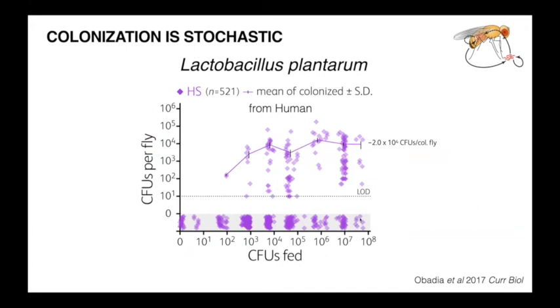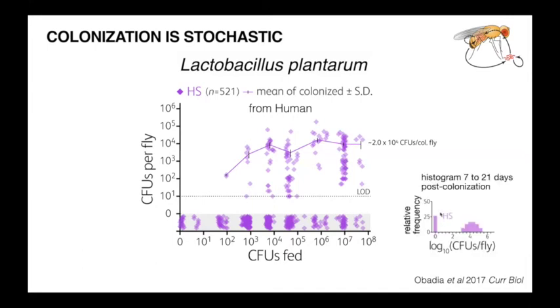So a germ-free fly eats the most common bacterium found in flies at an abundance like 10 million bacteria, and some of the flies have bacteria in them, and some of them don't, even after eating that huge dose. And we made sure they ate the dose, or we excluded them from the study. So all these flies ate their dose.